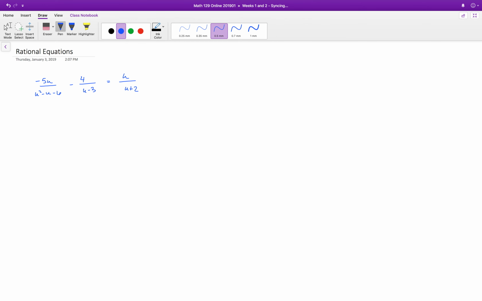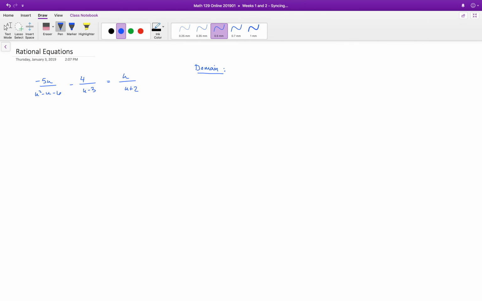So one thing to note is that we have a domain issue here. When we're looking at possible solutions for this equation, there are certain values of u that don't make sense.